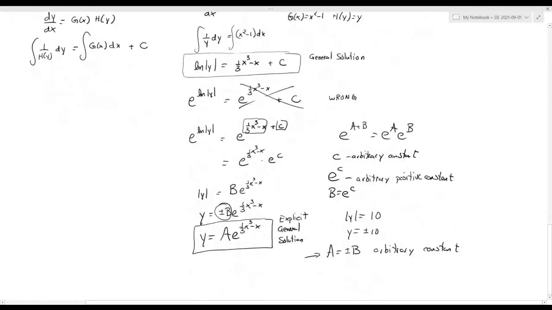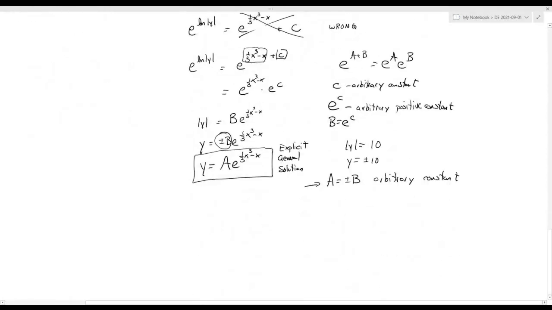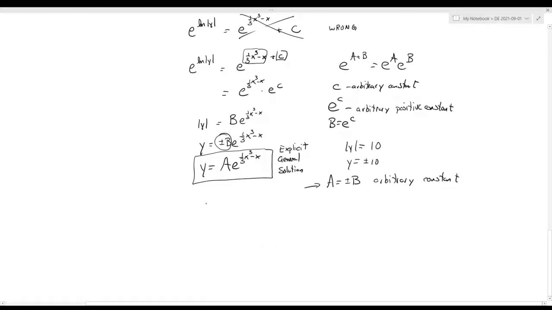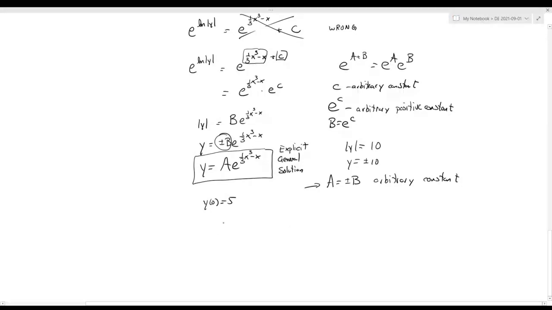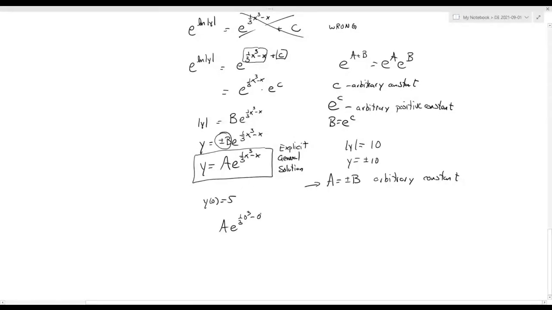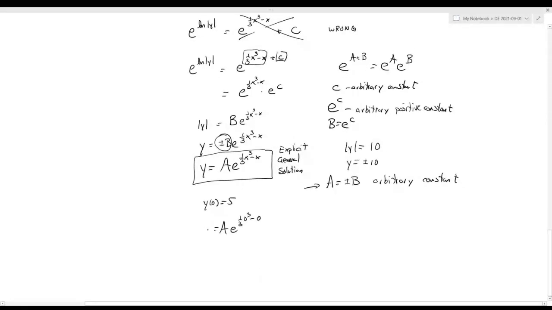If you do have that initial condition, you can take the family of solutions, which is the general solution, and pluck out the specific curve that satisfies the initial condition. So suppose we have that. This gives us license to say that when x is 0, y has to be 5.